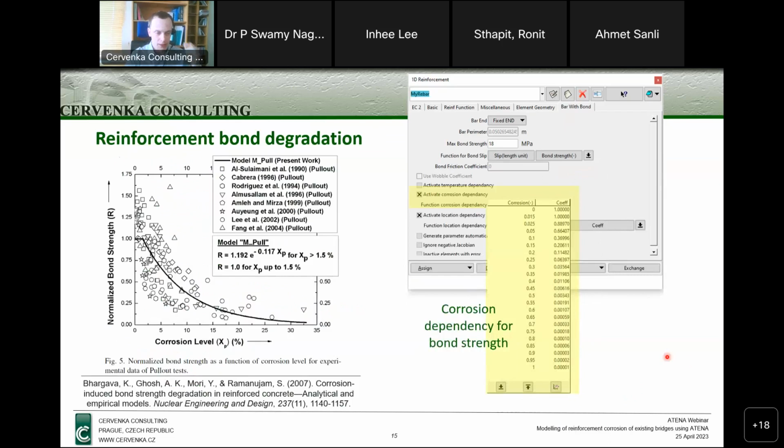So in case of a model where you also use the bond for the discrete reinforcement, in such an analysis it calls for using this option for setting the bond strength of the reinforcement as a function of corrosion.